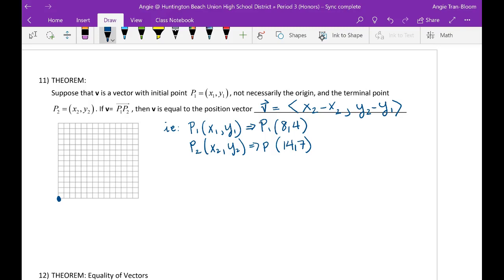But where on earth is 8, 4? So let me plot 2 points. 2, 4, 6, 8. Go up 4. 2, 4. So that's 8, 4. That's point 1. Okay, and then 14. That's 8, 10, 12, 14. Up 7. 2, 4, 6, 7. So this is point 2.